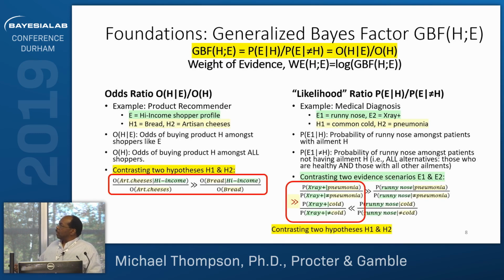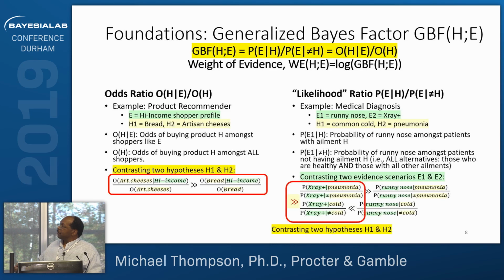And that would rank order those two conditions with respect to that piece of evidence. You may find that with runny nose, there may not be that big of a distinction between folks who have pneumonia and a cold, because runny noses are pretty common, and it's also not that surprising that someone with pneumonia might also be susceptible and have a runny nose.